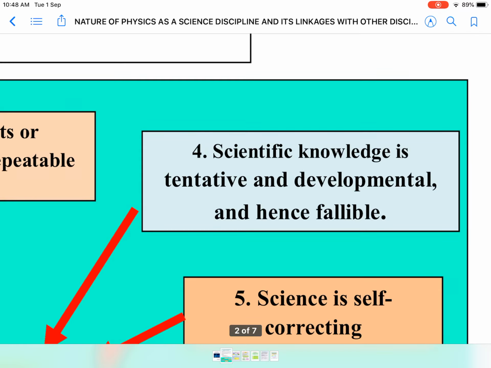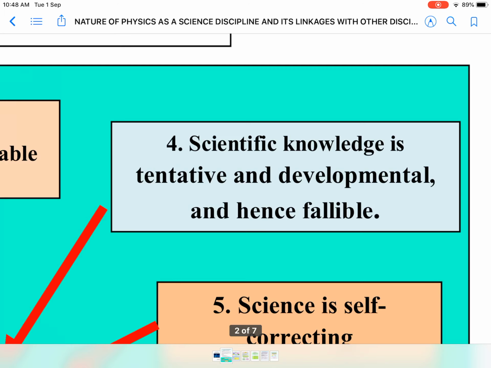In an overall sense, it hides much detail and is subsequently potentially misleading also. There are different degrees of tentativeness associated with different types of scientific knowledge. We are, for example, rather certain about Boyle's law.